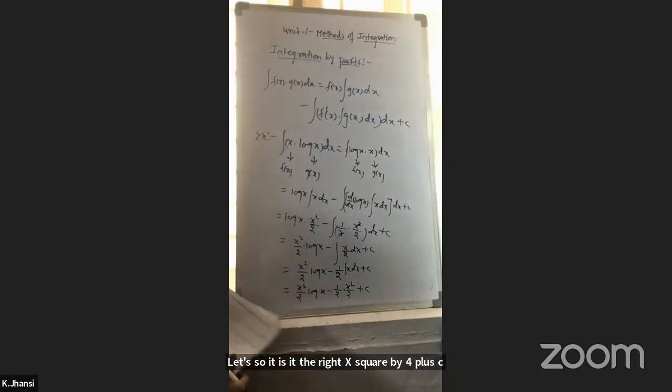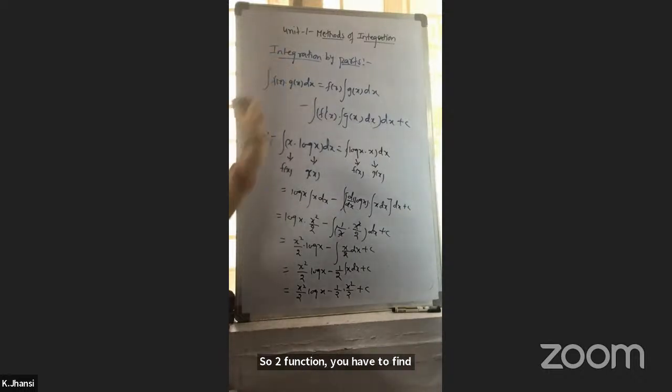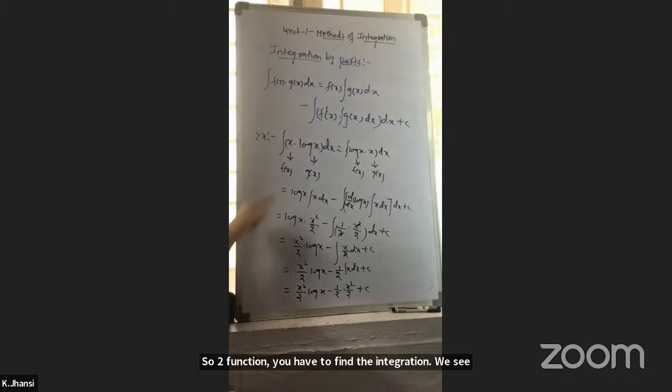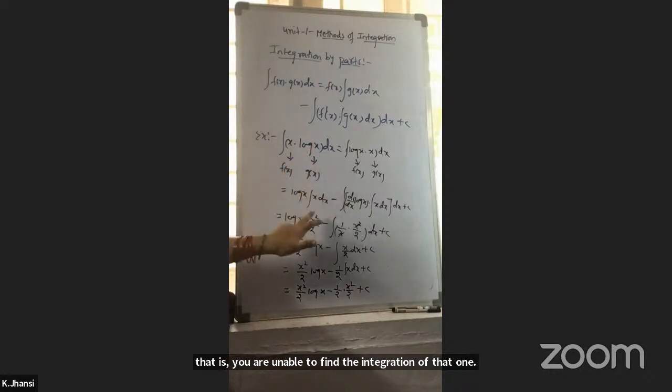Like this you have to solve the problems whenever they are given as two functions. For two functions, you have to find the integration by applying the integration by parts method. And if the given function is such that you are unable to find the integration of one, then you can interchange them.